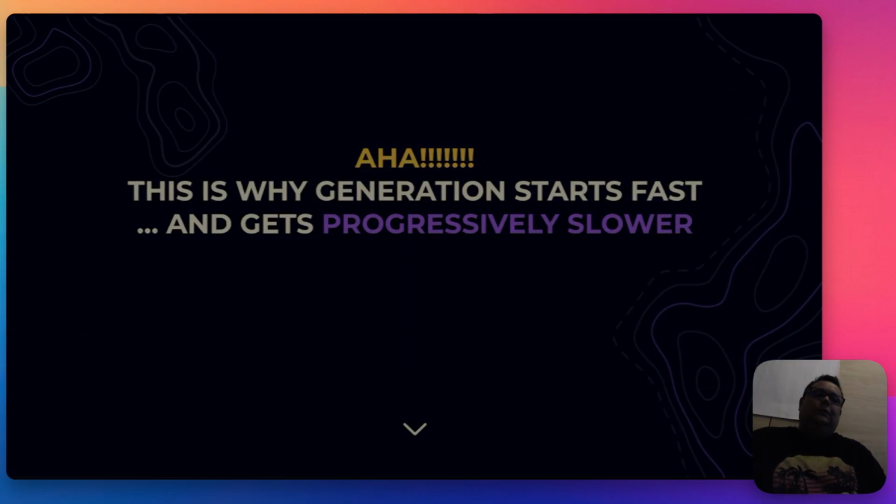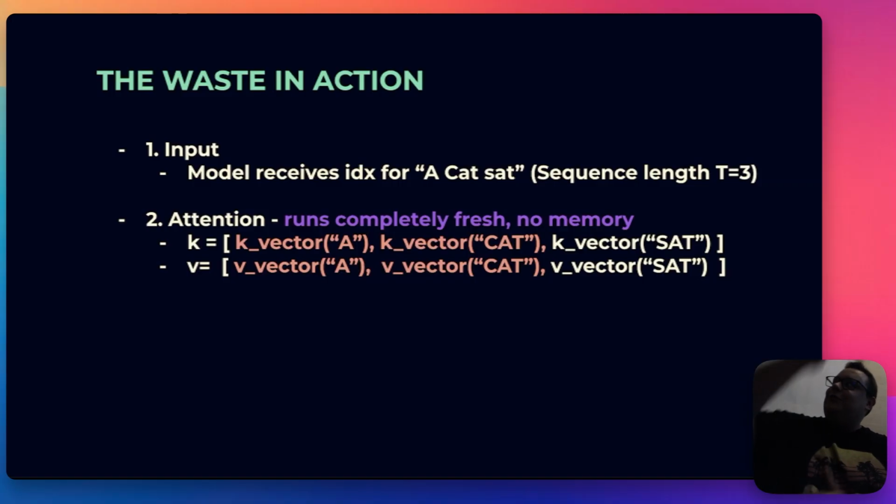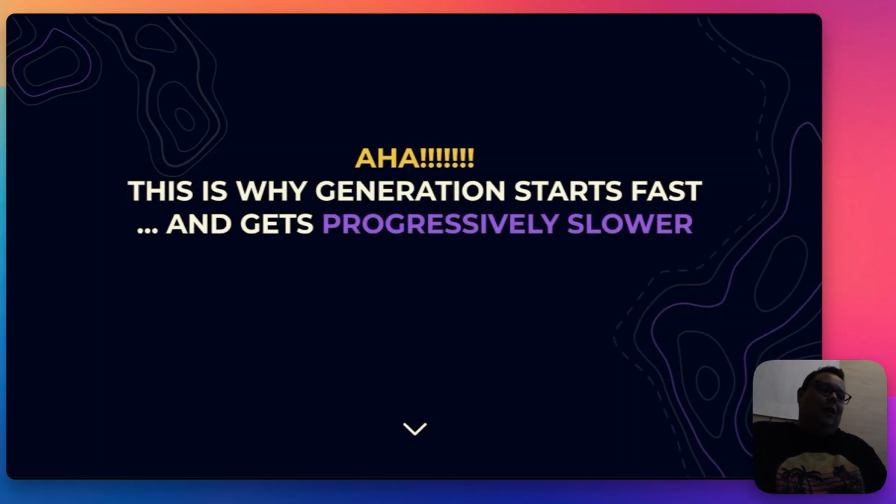And it's done for every one of the attention blocks, doing this all over again without any cache. And this takes time because this is now 3 tokens, but let's say you have 96,000 tokens, right? Then you have a lot of things to do. So this is why the generation starts fast and gets progressively slower, right?